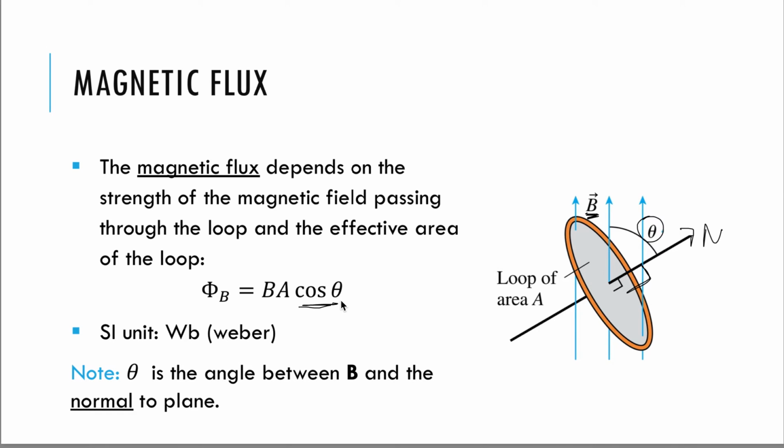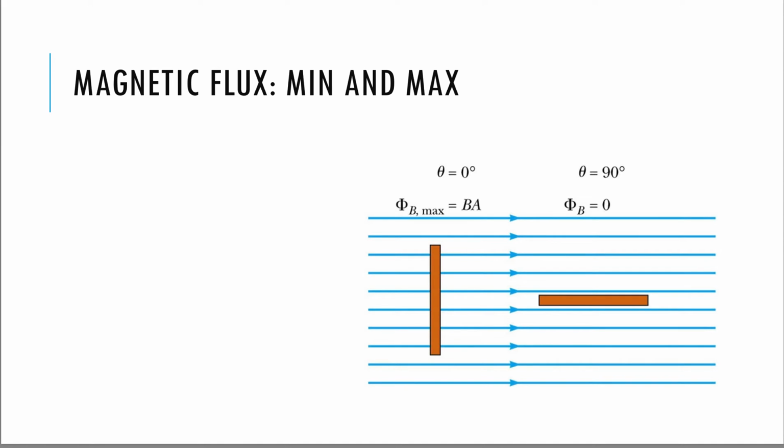So that cosine theta is really giving us the component of the magnetic field that is perpendicular to our loop. I have a picture to help explain this because this is a lot to take in. So if we write down our definition of flux that we just saw in the previous slide, BA cosine theta.